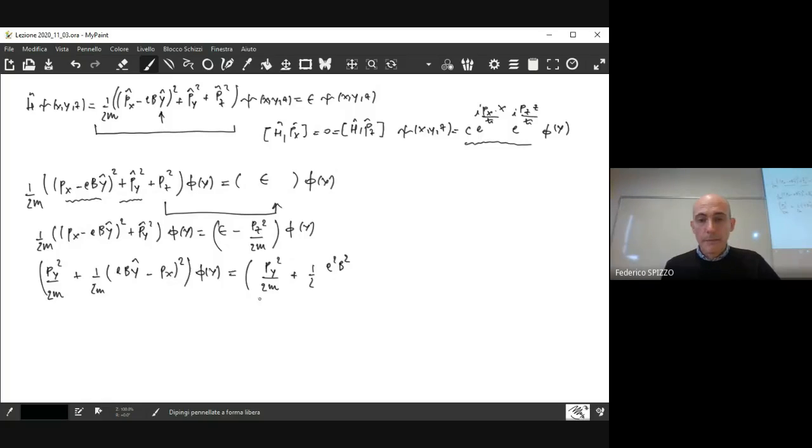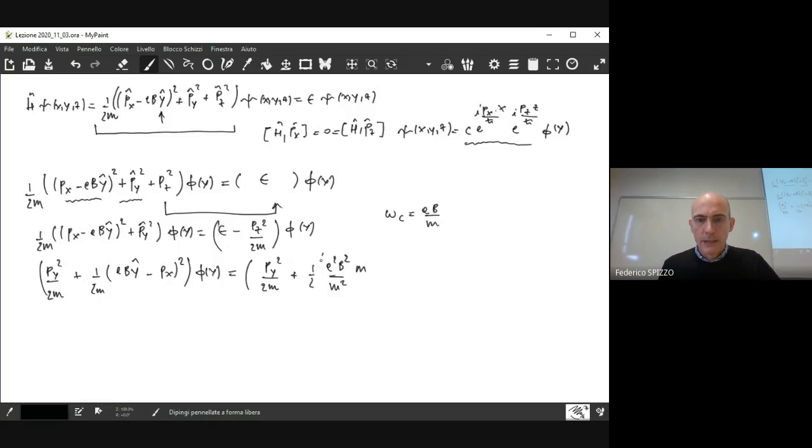If you remember, the cyclotron frequency is eB divided by m. So to have the cyclotron frequency here, I have to multiply and divide by m. I had an m value here at the denominator, so I multiply and divide by m, so I have a mass here now.